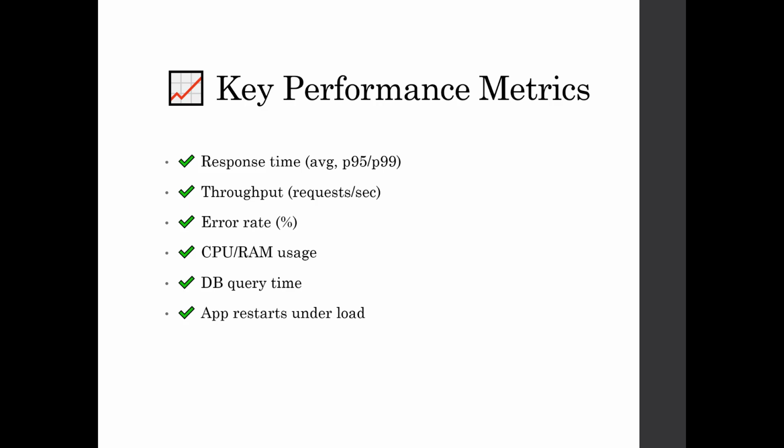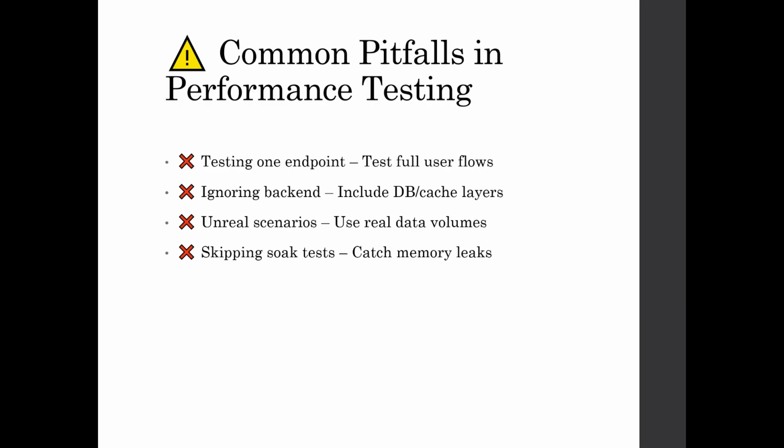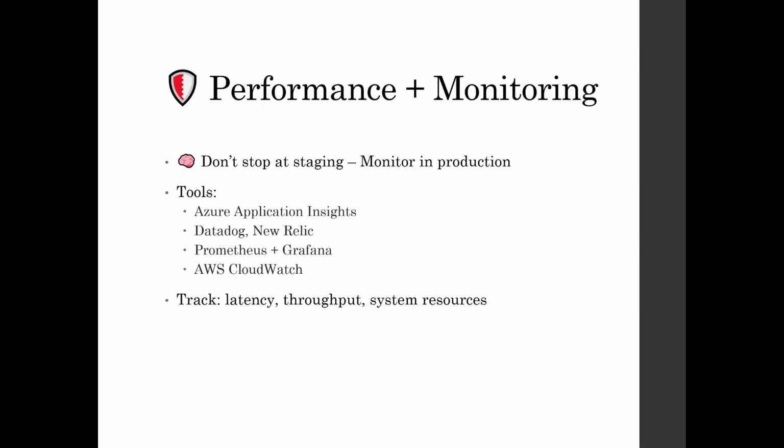We can look at error rate percentages of failed requests, which will start to show you maybe if your application is starting to have too many requests that it can handle in a timely manner, or things are starting to become dropped. CPU and memory usage, database query times, and then the frequency of app restarts and crashes, that would give you a good idea if something isn't going well. So these metrics can really help you pinpoint problems and then validate your improvements.